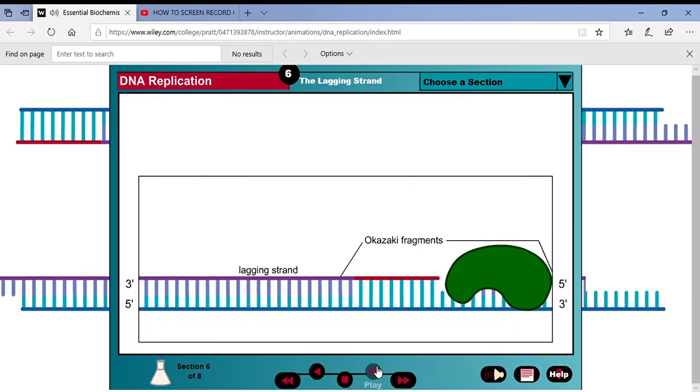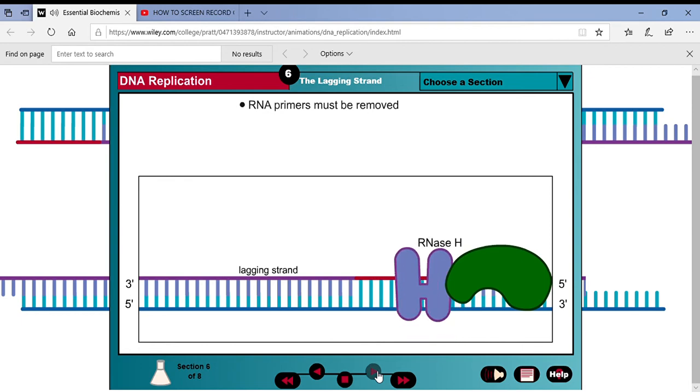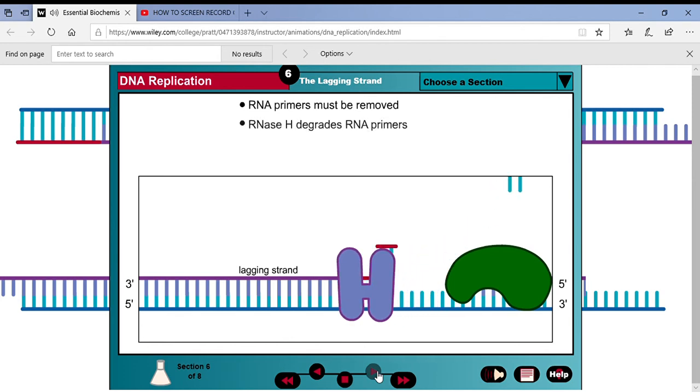Then we're going to rip off the primers using what enzyme? RNase H. Primase puts the primer on. RNase H removes the RNA nucleotides because we don't want them in our final DNA molecule.